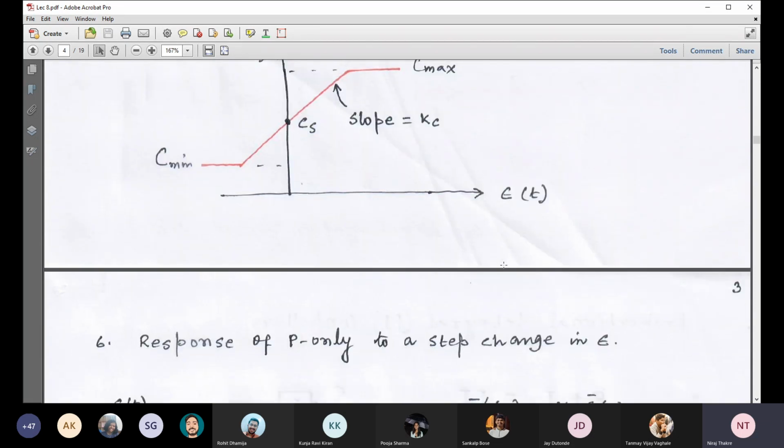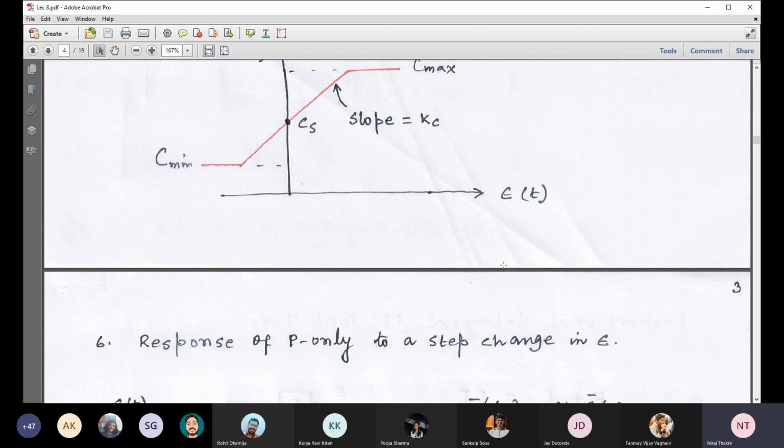Now 6th point, you see. We have the P-only controller equation. We are introducing a step change in error signal, and then we are taking inverse of Laplace transform to know the dynamic behavior. I repeat this 6th point.